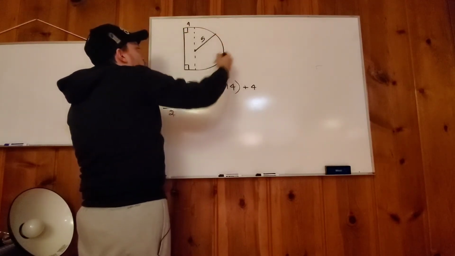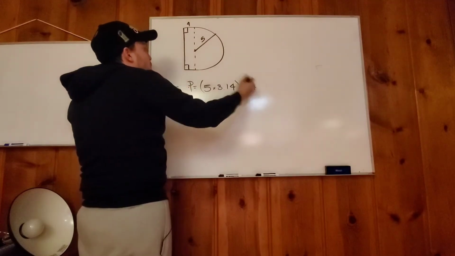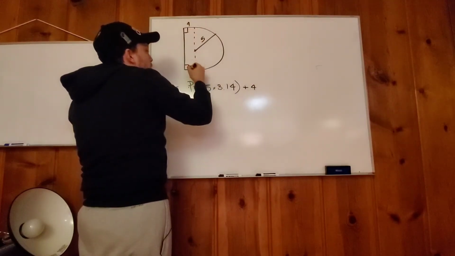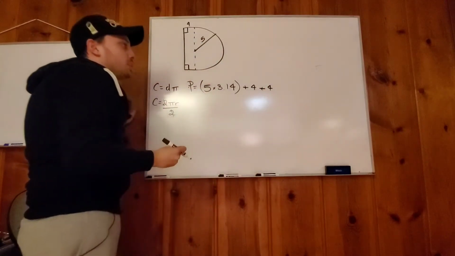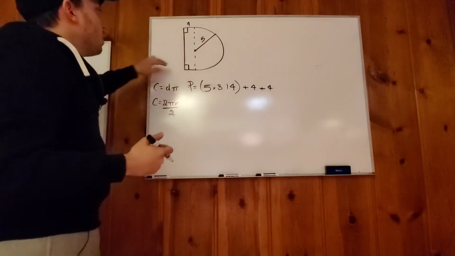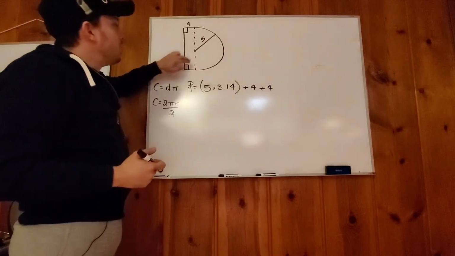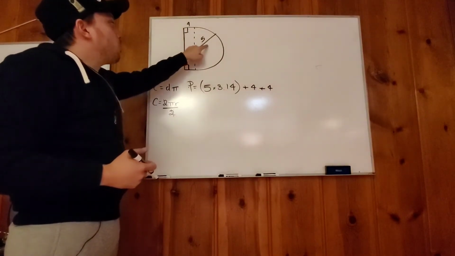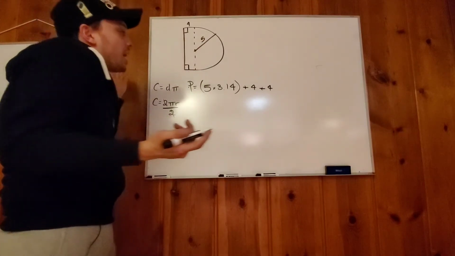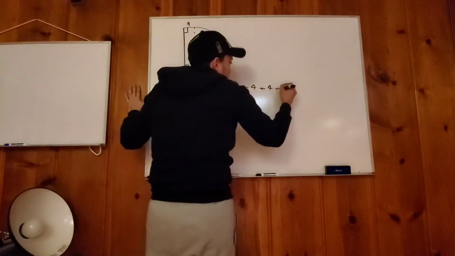The perimeter is the outside of the shape. If this one measures 4, this one has to measure 4. It just makes sense, right? It's a rectangle. And this side measures the same as the diameter of the circle. If the radius is 5, then the diameter has to be 10.